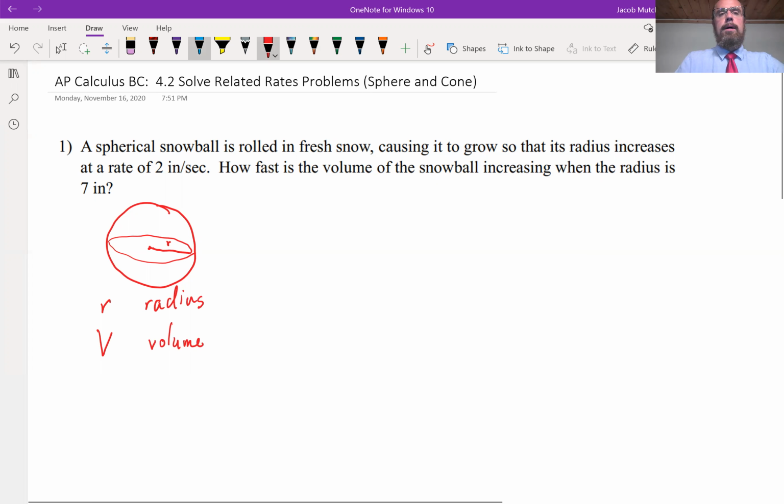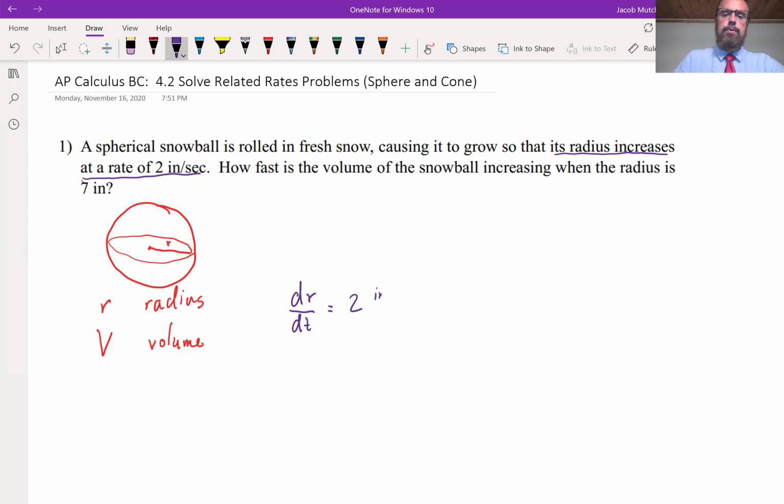So when I think about then my rates that I've got to include there, it would definitely be the rate of change of the radius with respect to time, so dr/dt. And in fact, I'm given that as a value here. Its radius increases at a rate of 2 inches per second. So I'm going to define that as 2 inches per second.